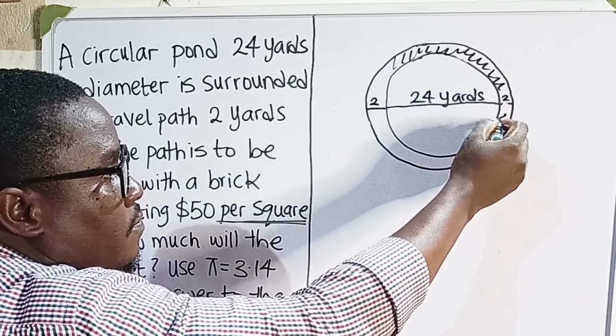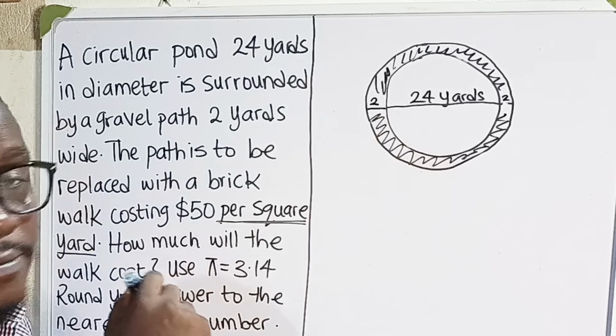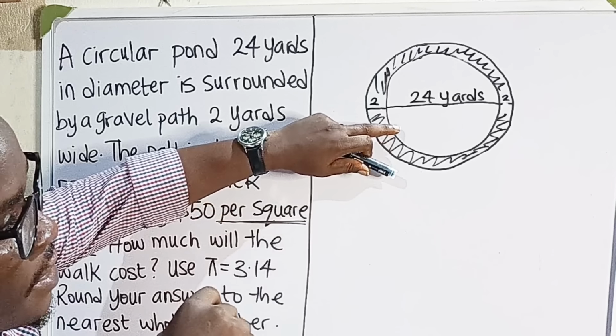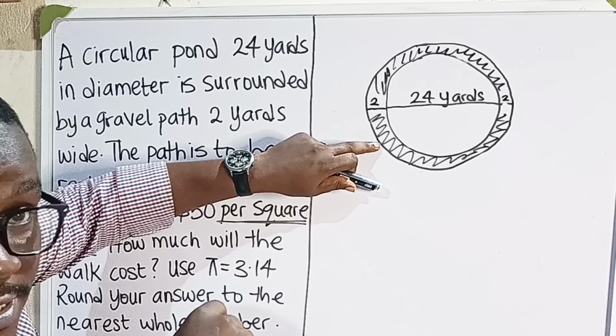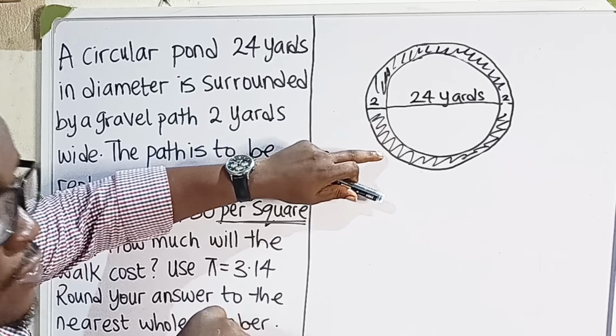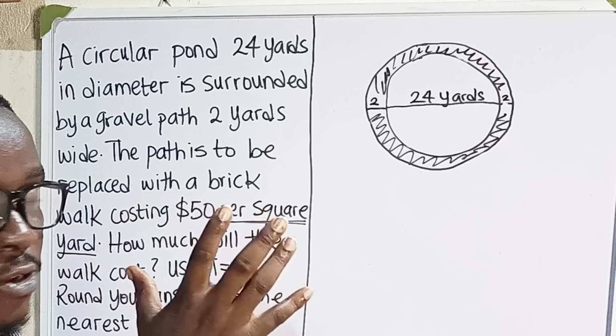This is the walk. Okay, so how do we do that? What we can do is we'll find the area of this smaller circle, find the area of the larger circle, and then subtract the area of the smaller one from the larger one. That gives us the space between them. That's what we're going to do.